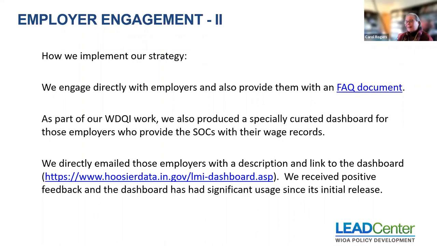COVID. Unemployment went through the roof. Nobody was going to be able to do any of that programming within the UI system. So we've kind of got that on hold, but that's going to be a sweet spot for us where they can literally see that and then also start showing them availability of workers.